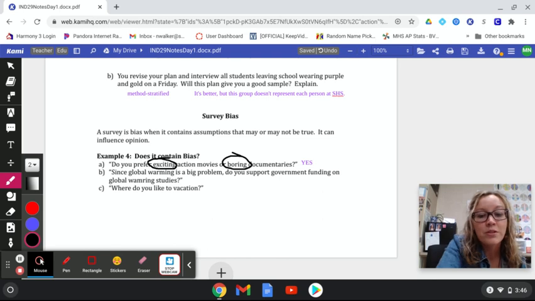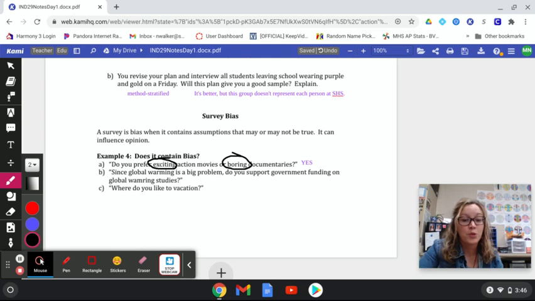If I took those words out, it would probably be, do you prefer action movies or documentaries? Done. No bias there. But just adding those adjectives to describe them influences your opinion a little bit, because no one's going to say, oh, I like the boring movies. You just ask if you like action movies or documentaries, and then you have a word to describe it.